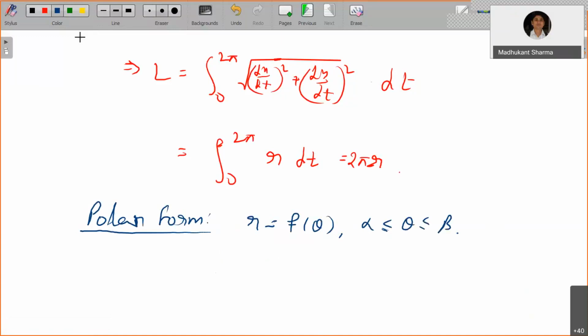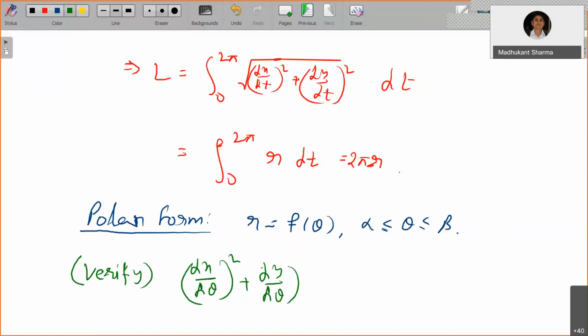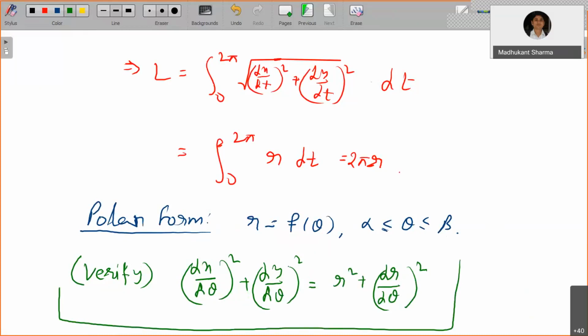You can verify the following: (dx by d theta) whole square plus (dy by d theta) whole square is going to be r square plus (dr by d theta) whole square. You verify that.